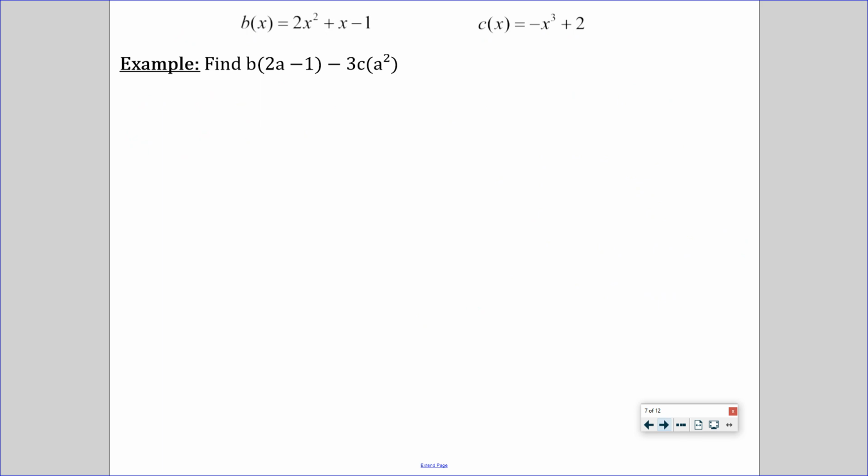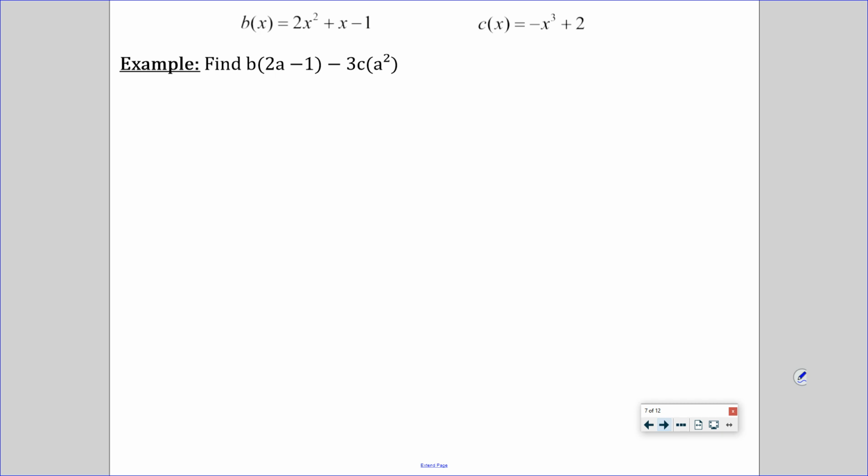The directions. How do I read this out loud? B of 2a minus 1 minus 3c times a squared. Close. You read this part wrong. Minus 3 times c of a squared. So, let's take it piece by piece. Oh, you have to subtract.